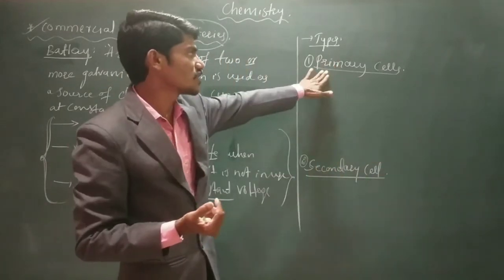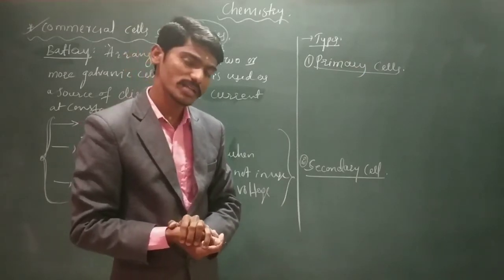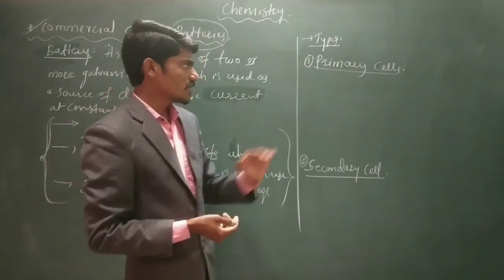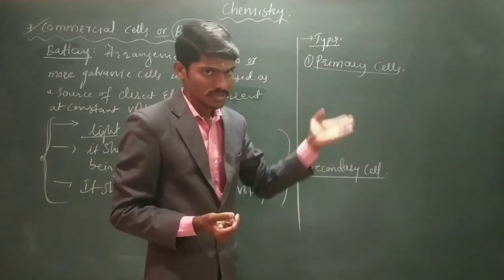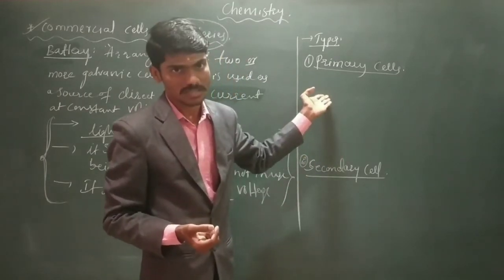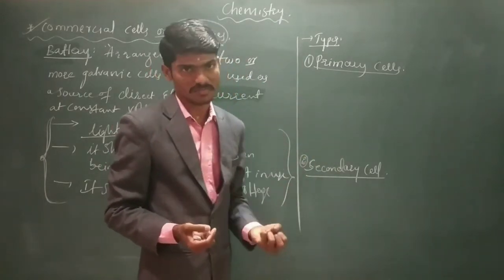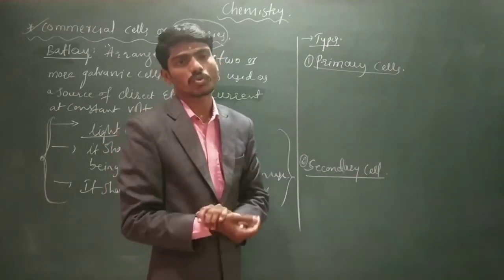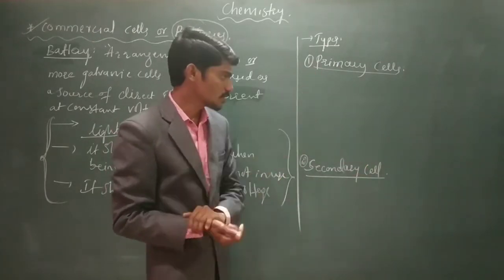Such batteries are called primary cells or primary batteries. Since the electrode reaction cannot be reversed, these cannot be recharged by some external source of current. इसको हम primary cells बोलते हैं.